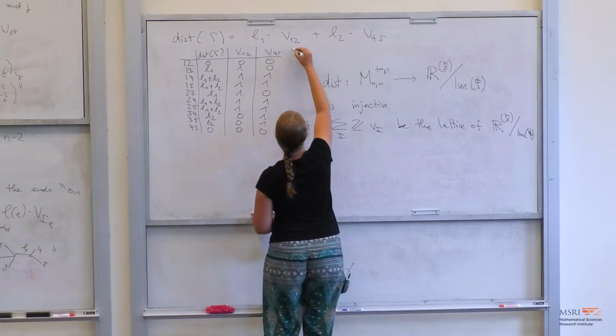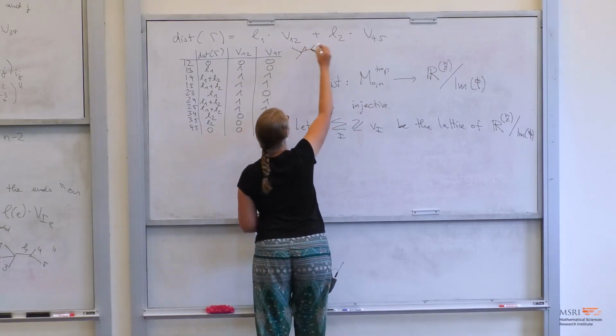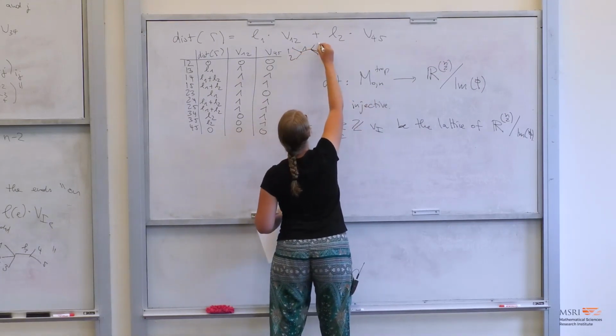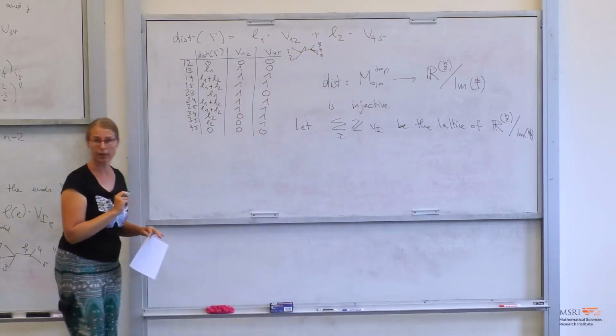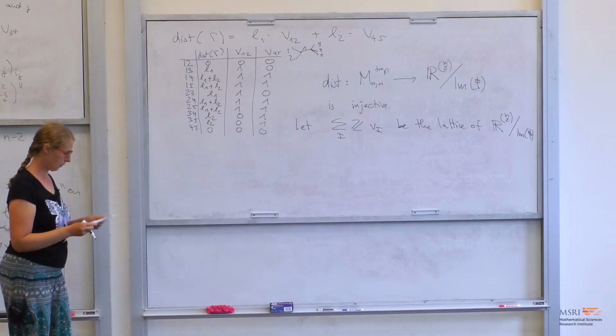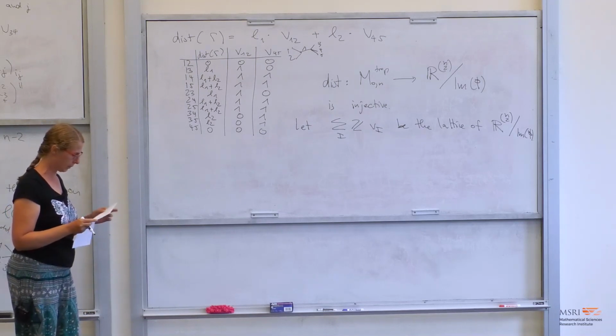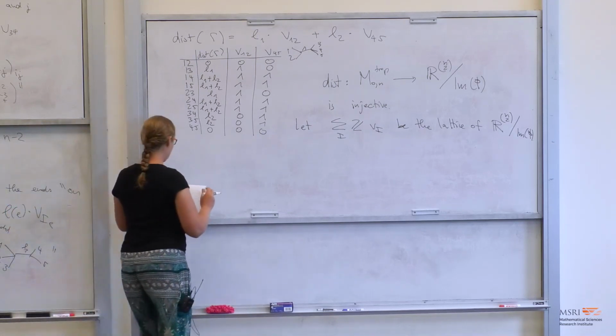Meaning those vectors which correspond to tropical curves that look like this, they are the unit vectors, they are the vectors in my lattice.